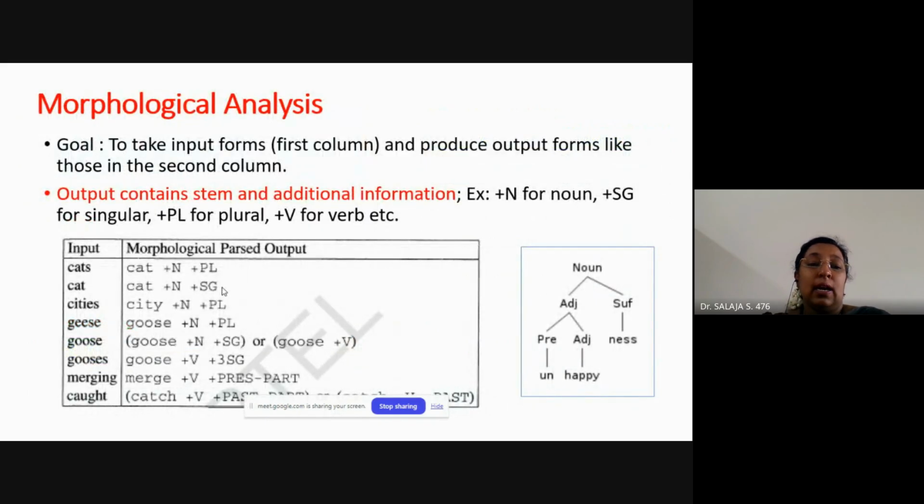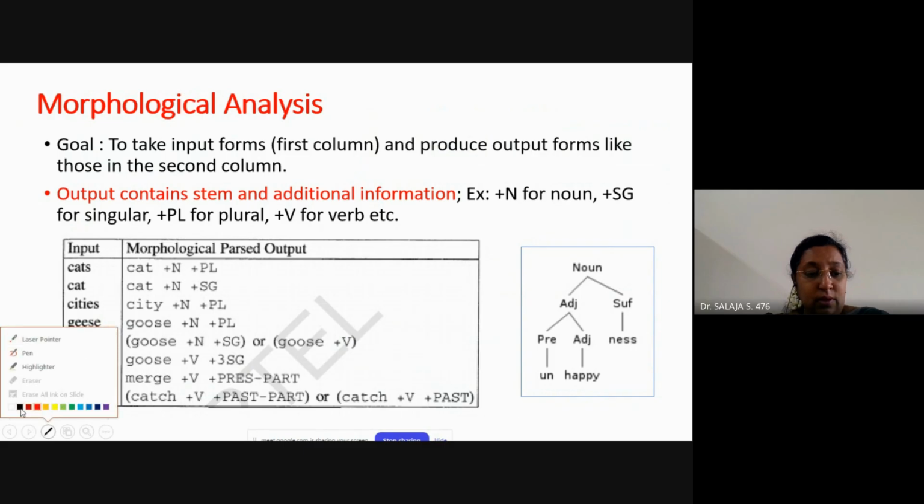The next part we were trying to discuss was morphological analysis, where you can now just look at these things, where you have cat, which is considered a noun. So for noun, we'll use plus N, and for plural, it is plus PL, verb, it is plus V, so on and so forth.